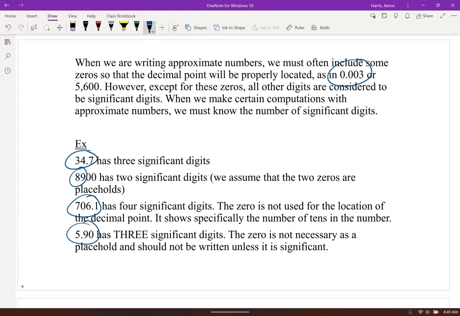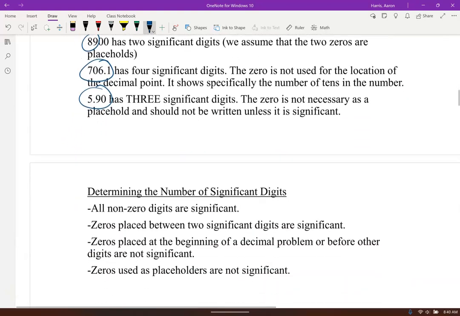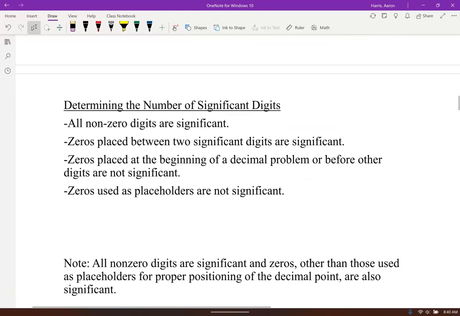Okay. So what are the rules then? Those are some examples. Let's determine the rules. Number 1, all non-zero digits, anything besides 0, are significant. Rule number 2, any zeros between significant digits will also be included as significant.